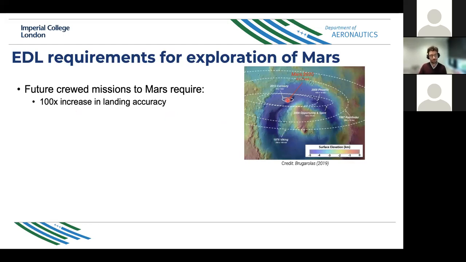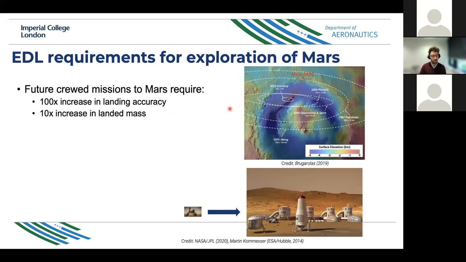We want to decrease that to a few meters, well, to 50 meters ideally. And also we need to increase the landed mass, of course. Right now, the heaviest payloads that we're able to leave at Mars are things in the order of Mars 2020, which is the size of a small car. Eventually, if we want to build a Martian base, we will need to increase this to at least tens of tons.